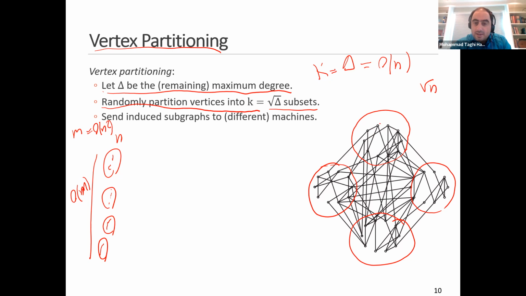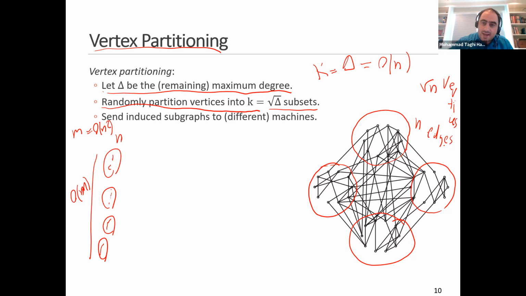And now, each of these square root of n sets, how many edges can they have in between? Of course, the size of this graph, this is the number of vertices. So these are the vertices, and they can have order n edges. So these square root of n vertices, when we partition, can have order n edges between the vertices of this graph.